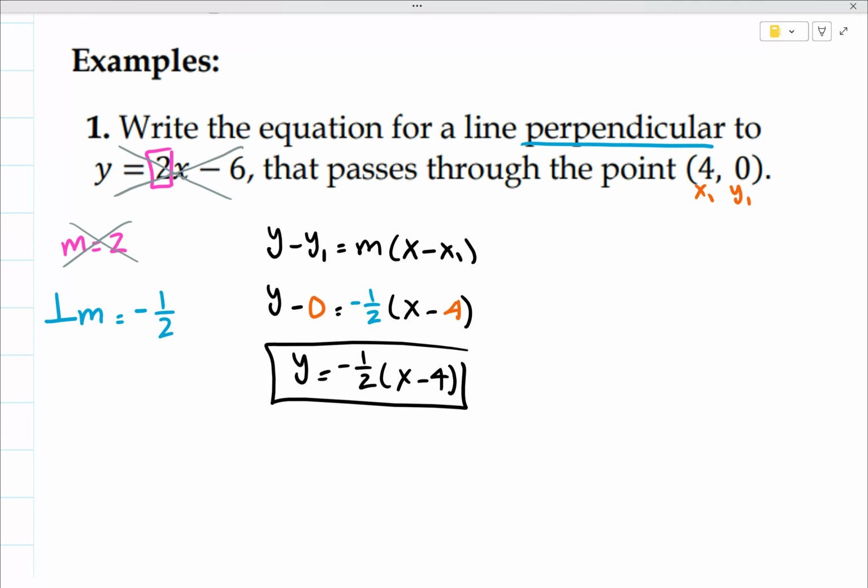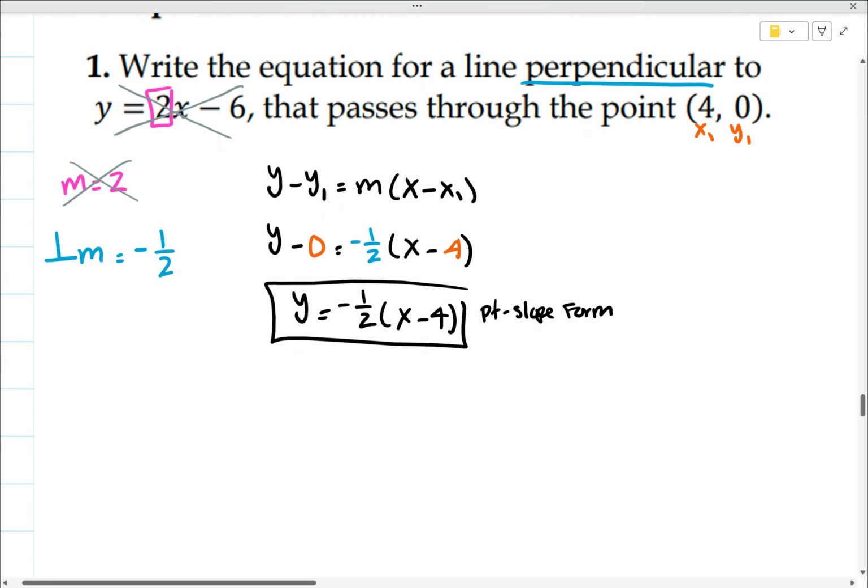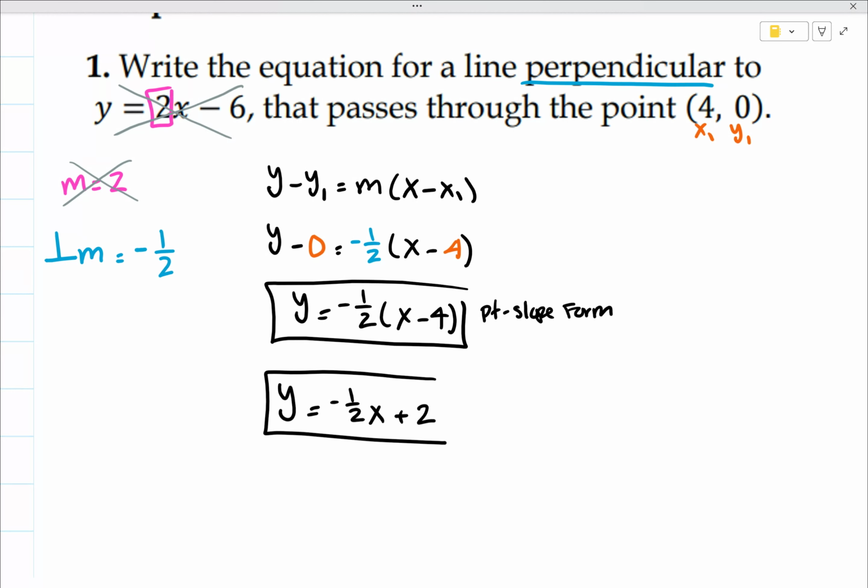So I didn't specify in the directions, but if I did, this would be your point-slope format. And then we're going to practice both, so I'm going to also convert this to slope-intercept. I would distribute the negative 1/2, and we'd end up with a positive 2. So solving for y gets you your slope-intercept form.